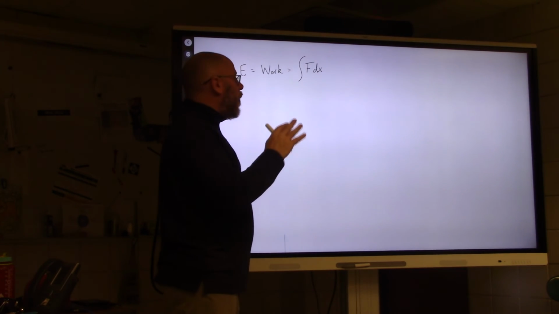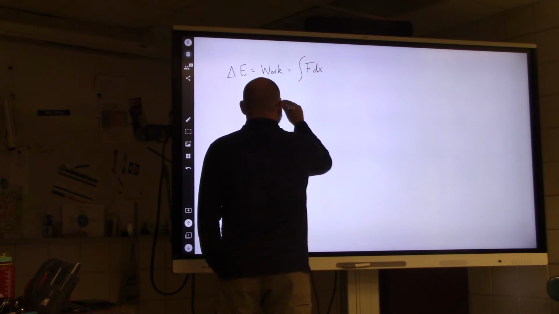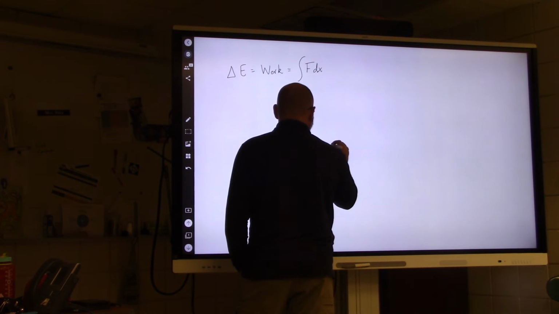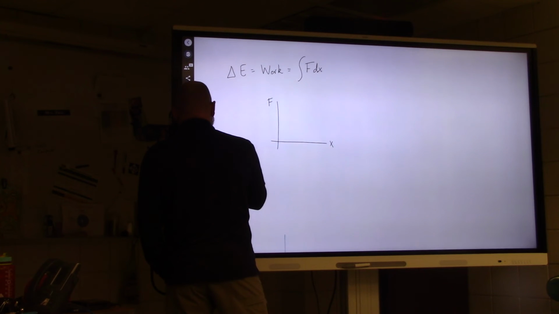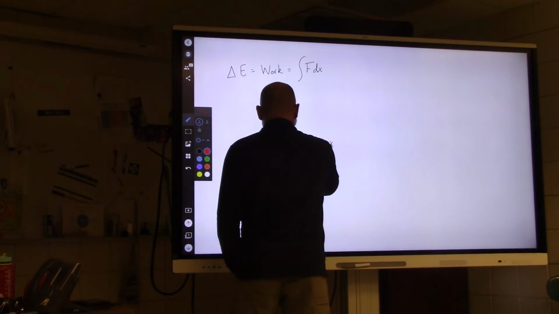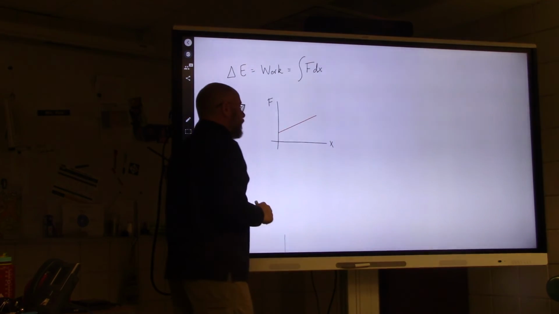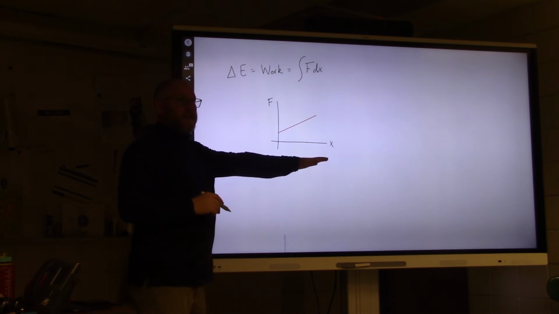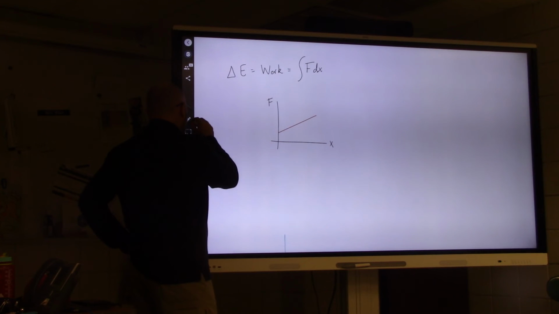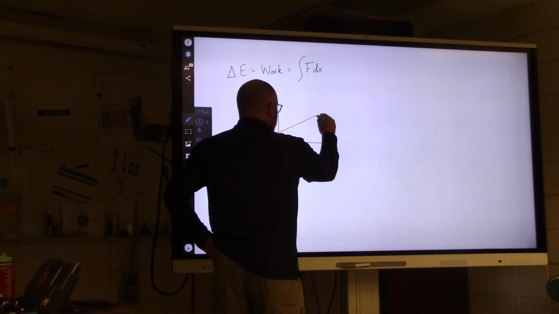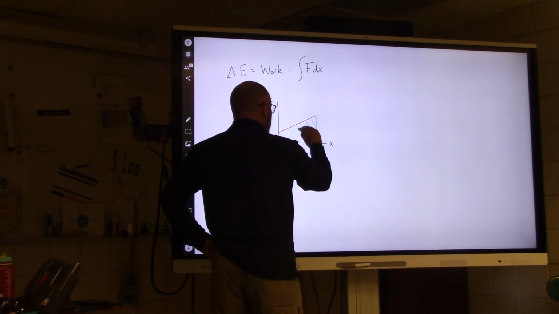Is this cool? So what does this tell you? It's speaking to you. What does it say? You take the area to get the work. Absolutely. If you have a force distance function, then the area is the work done.